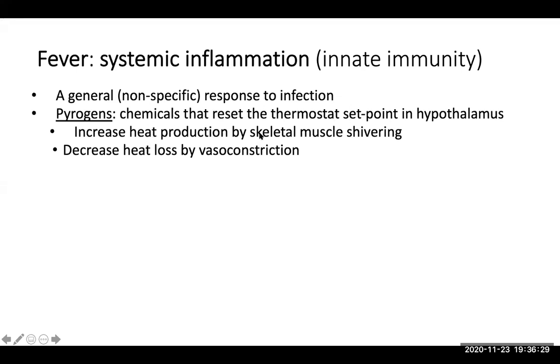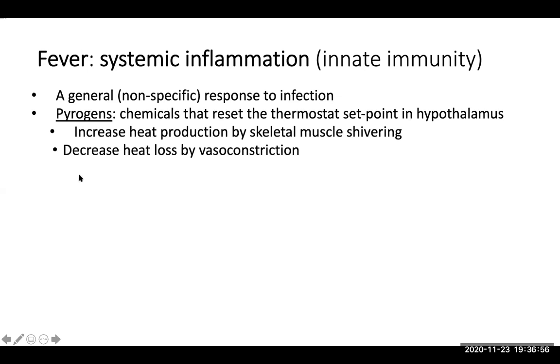Once the fever starts to break, you have lowered the amount of pyrogens, you no longer need the fever, so now your thermostat gets reset, then you would experience the feeling of being way too hot and sweating and cooling off.